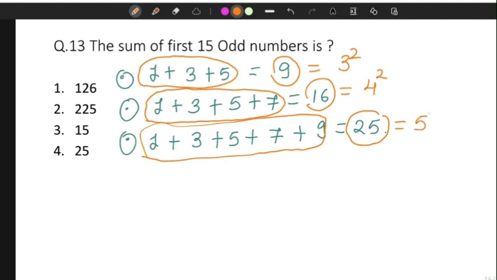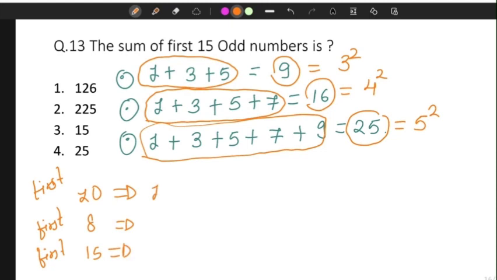First 5 odd numbers, 5 square is 25. It means whenever they ask us to find the summation of the first 10 odd numbers, or the first 8 odd numbers, or the first 15 odd numbers, we simply take the square of the given number.